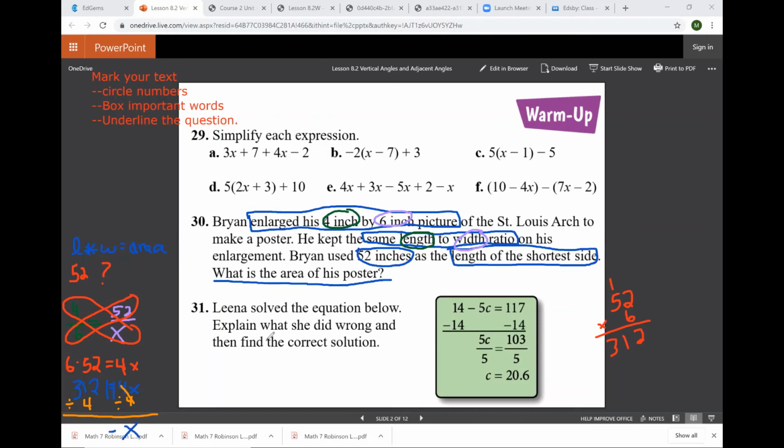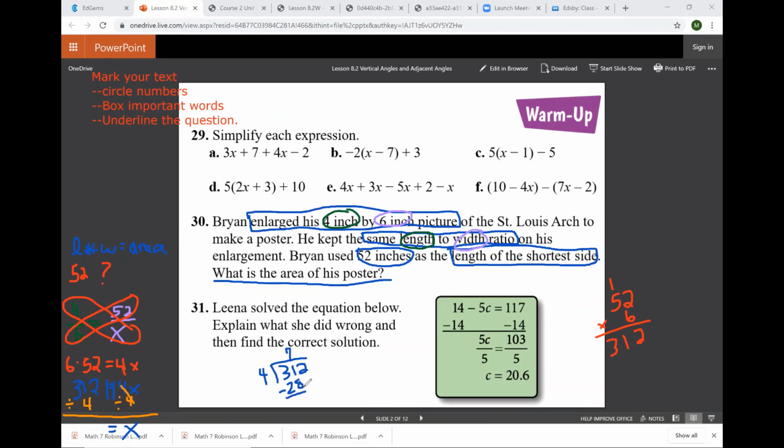X equals, I'm down here in this corner, guys. So what is 312 divided by 4? 312 goes inside the house and we're dividing it by 4. Can 4 go into 3? No, it cannot. Can 4 go into 31? Yes, it can. How many times? It can go in there 7 times. 7 times 4 is 28. And 31 take away 28. So I can do this a few different ways.